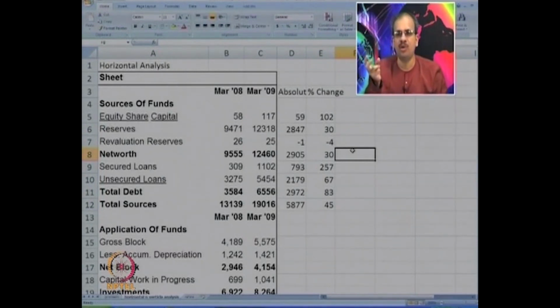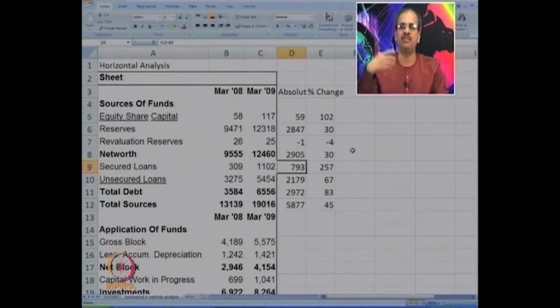Reserves have increased by about 30%. Secured loans have increased significantly. They have increased by 257%. So though in absolute number, it is 793, it doesn't look that big. If you look in percentage terms, you will realize that the company has almost tripled its secured loans.